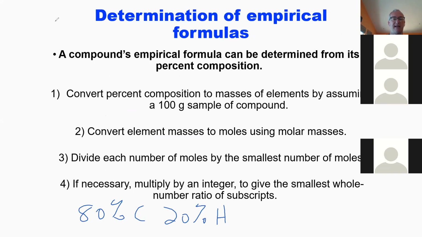I would take that percent and change it to grams. So in other words, if I had 100 grams of this stuff, 80 grams of it would be carbon, and 20 grams of it would be hydrogen.